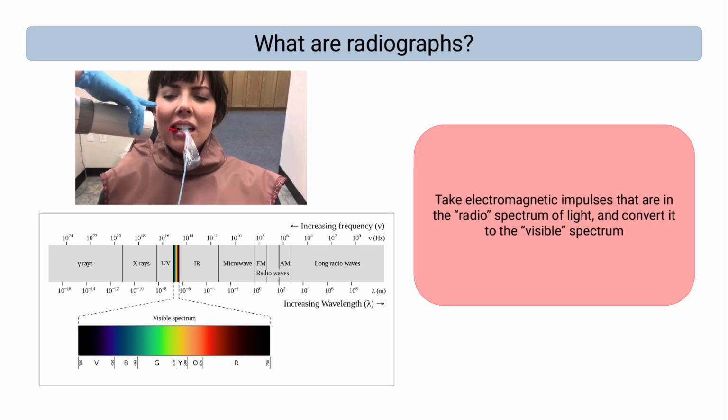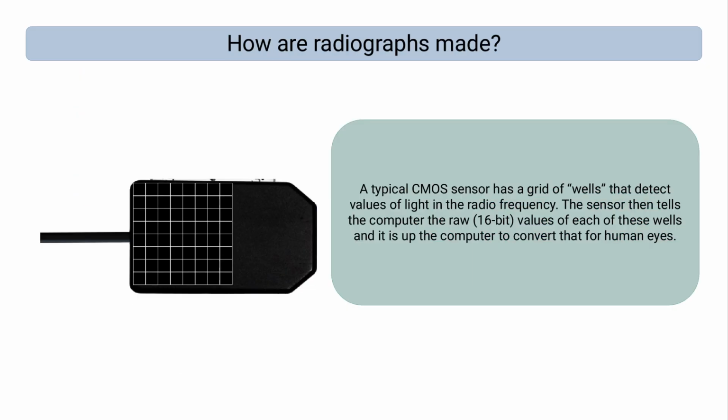So that's how it works in the visual spectrum with photographs essentially. But how does that apply to radiographs? So radiographs are a much higher frequency than we can actually see. But we use a similar sensor, this CMOS sensor, as we normally do in regular digital photography. It's just calibrated at a much higher frequency.